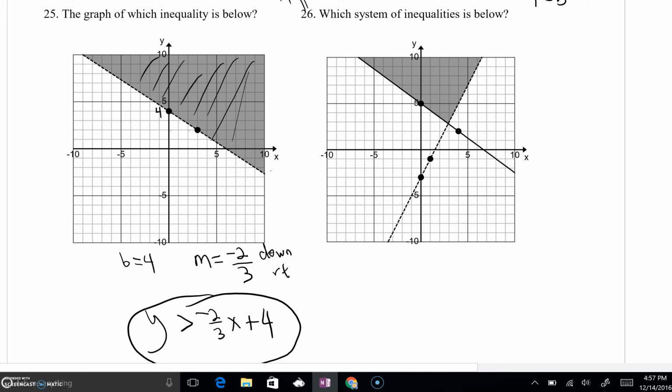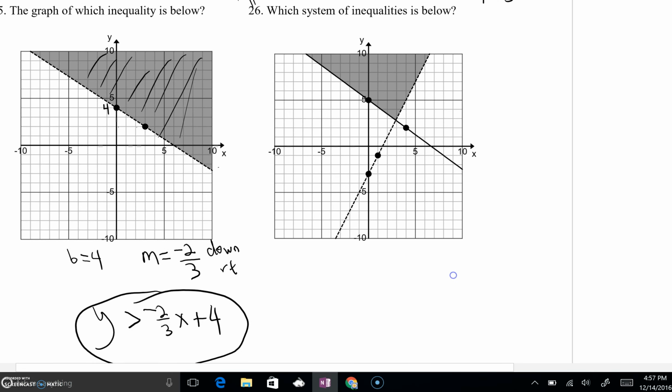To wrap up with our very last problem, number 26, let's take a look at our first line. The first line I will highlight in yellow. And for this line, you can say, well, what's your y-intercept? You can see it looks like we're going to have a 5. You can see that right here.